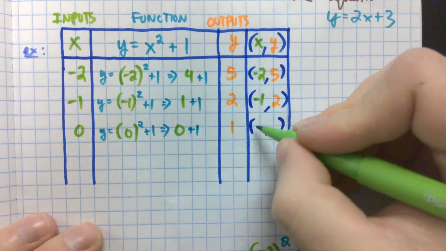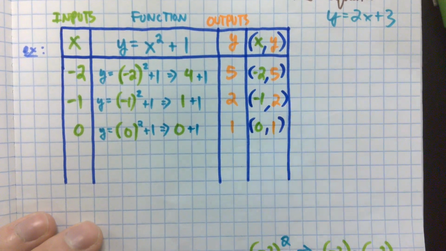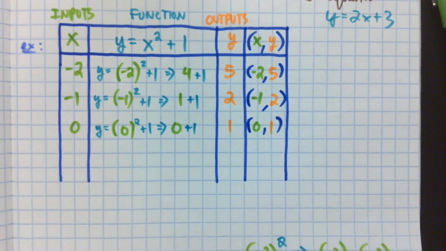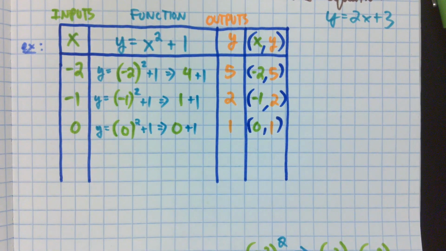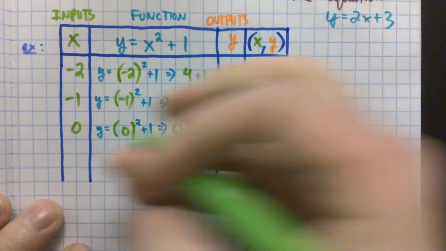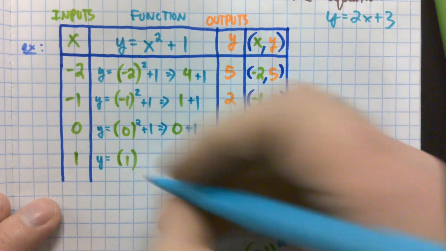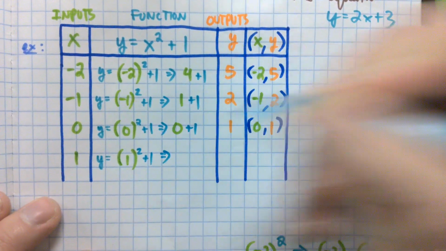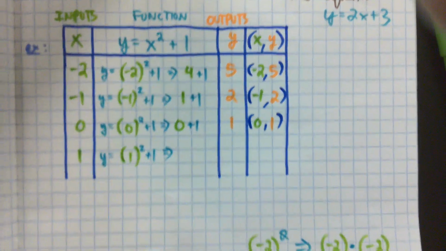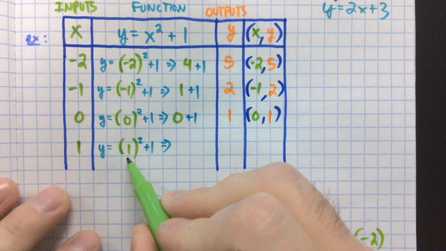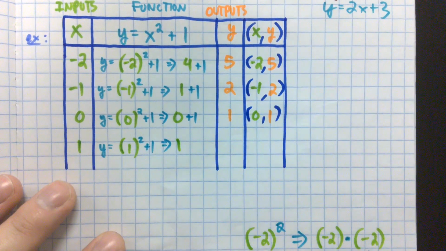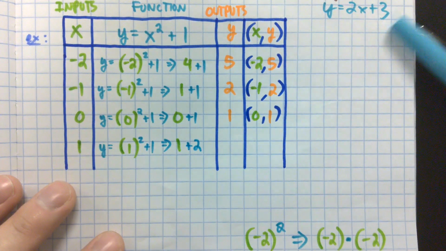So my ordered pair of input comma output is 0 comma 1. What about an input of positive 1? We get y is equal to 1 squared plus 1. What is 1 squared equal to? 1. 1 plus 1 gives me 2.